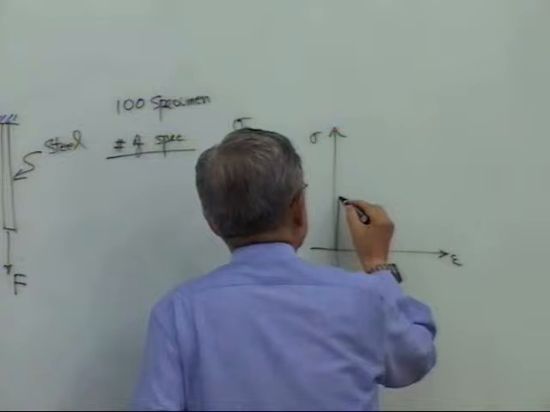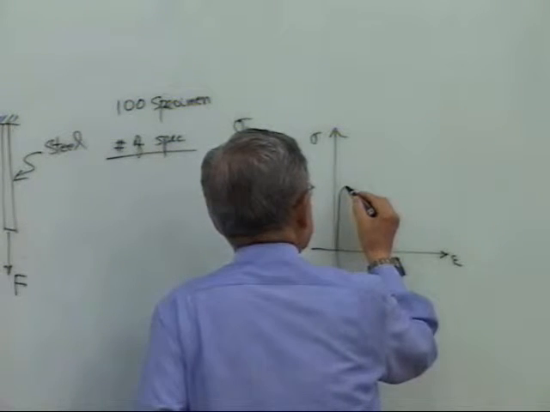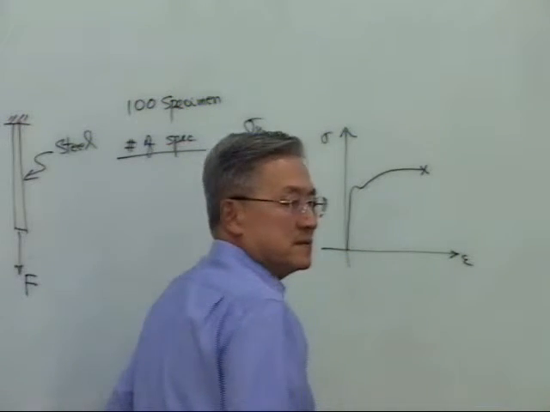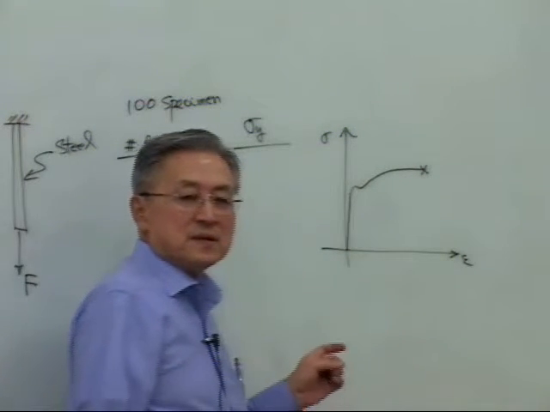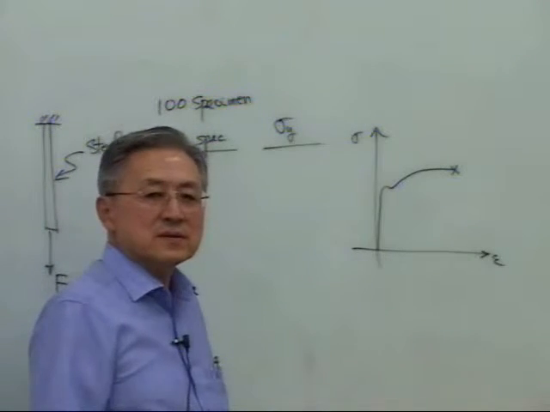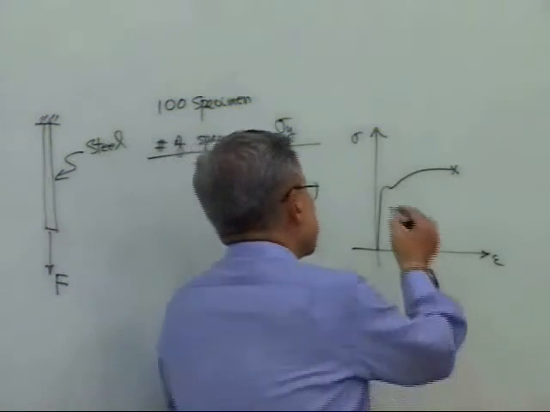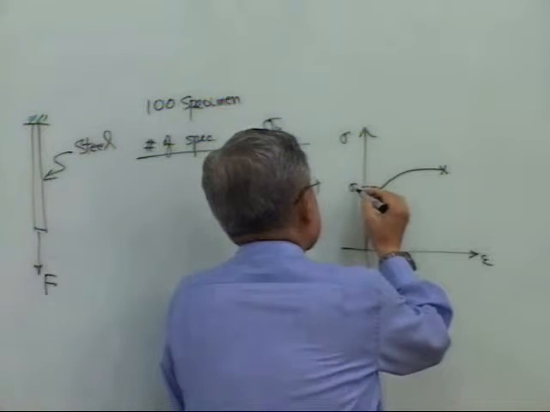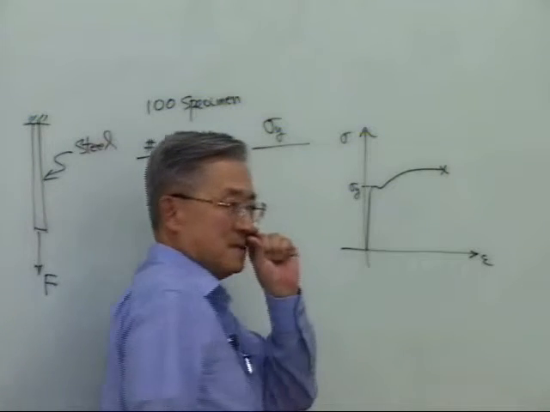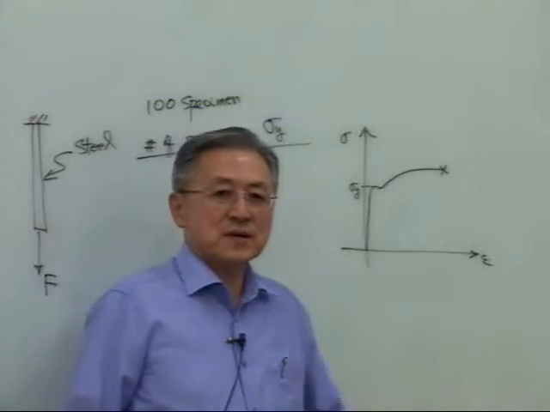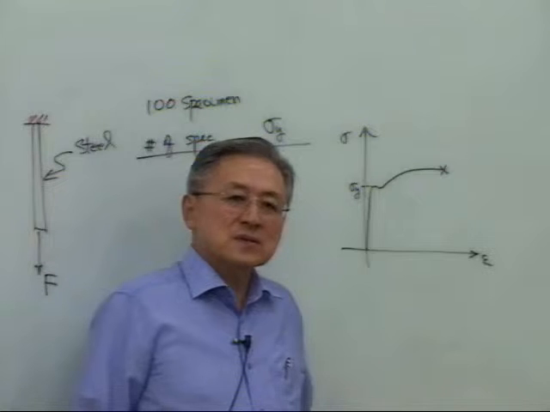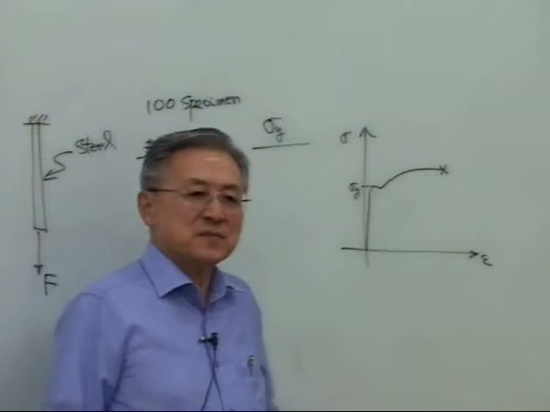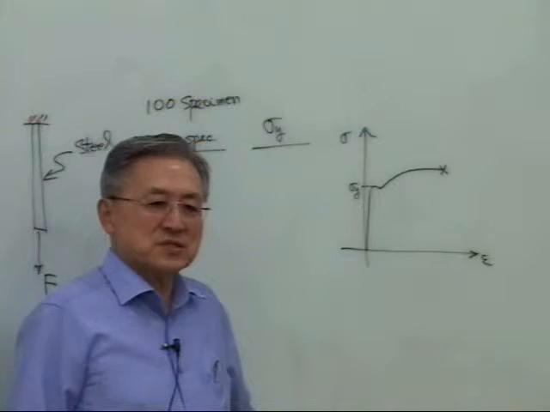It goes up for the steel, then necks down, then breaks off. Typical steel, any specimen, of course, this is the yield stress. That's what is typical for machinery design, machine design, or mechanical element design.